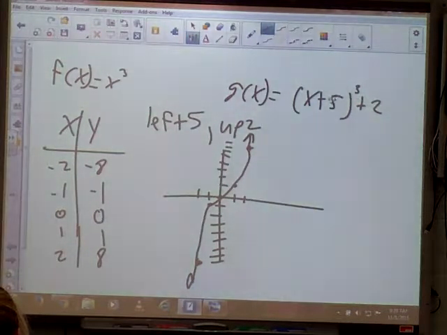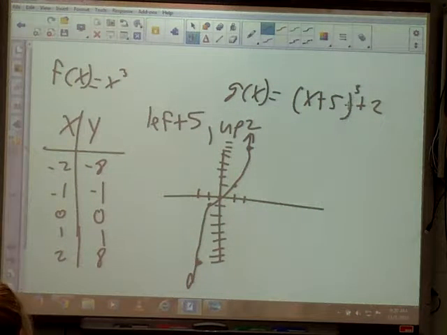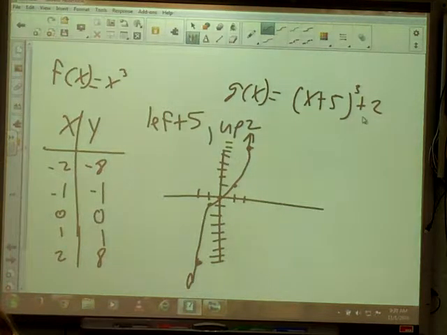Alright, now, I could make another input-output table for g of x here if I wanted to, but I don't have to. I can just take all these points and scoot them left 5 and up 2. So let me do that one in a different color. Take all these points and scoot them left 5. So I'm going to start here with that one at the origin. 1, 2, 3, 4, 5, and up 2.